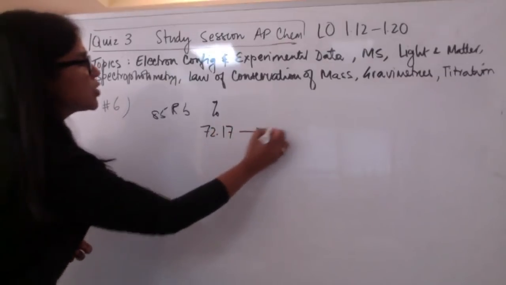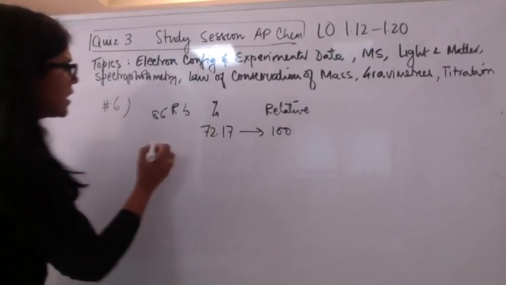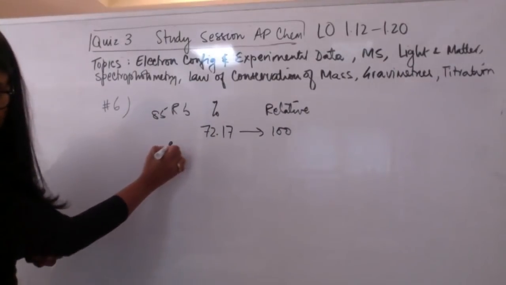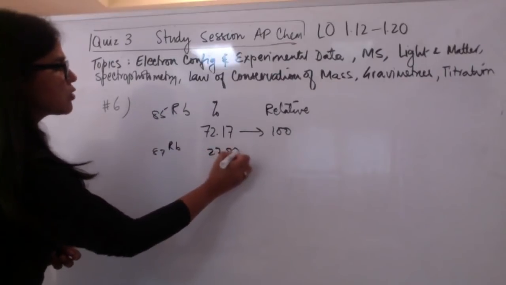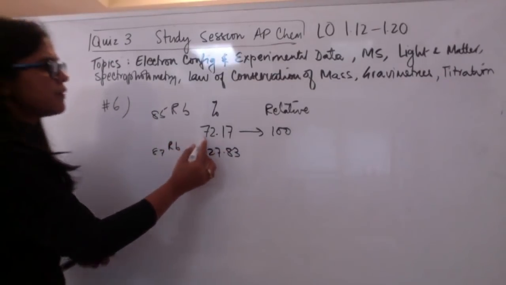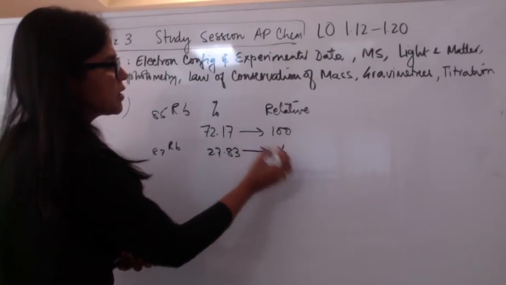So we assume it to be 100 for relative. And the isotope 87 was 27.83. So we'll have to be using ratios. If 72.17 is 100, then 27.83 will be X.